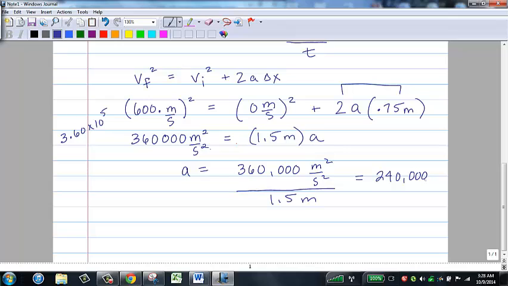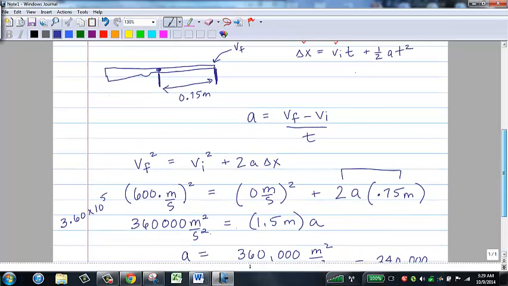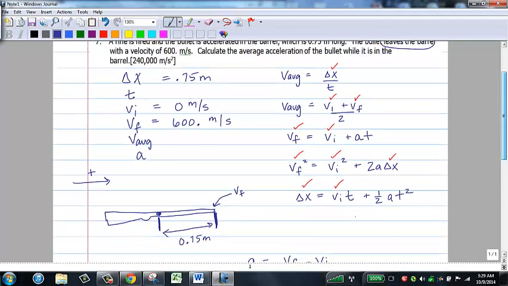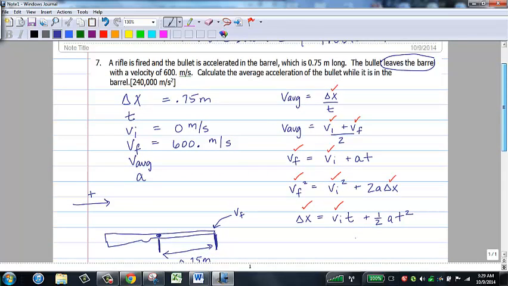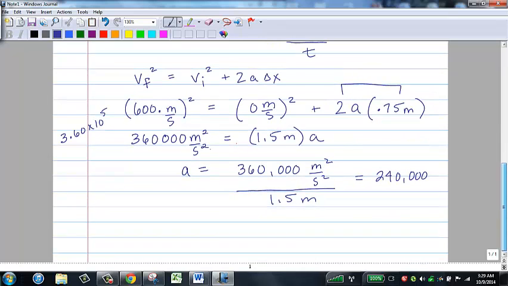240,000. That number is supposed to have 2 significant figures now because of the value 0.75 meters. When we doubled that, we got 1.5, but that had 2 significant figures. So this answer can only have 2 significant figures. So I don't have to write it in scientific notation because none of those zeros is significant.